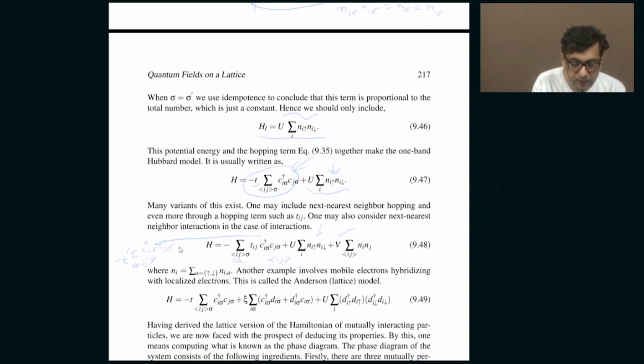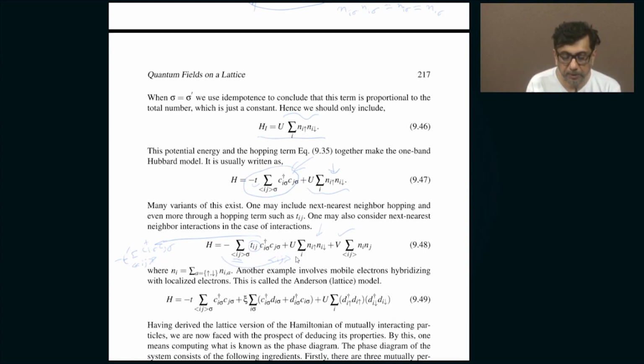Okay, so I should have included that also. So, there will be 4 terms. Tij can be thought of as just t typically. Then there is a t and a t dash for the next nearest. So, the nearest neighbor hopping is t, that is the amplitude, and t dash is the next nearest neighbor amplitude.